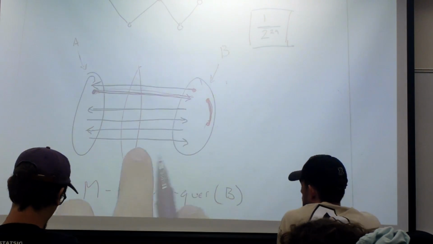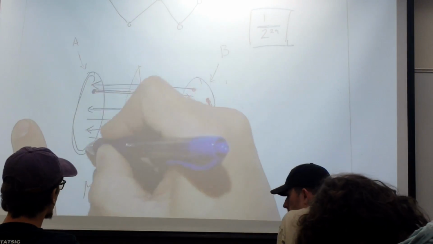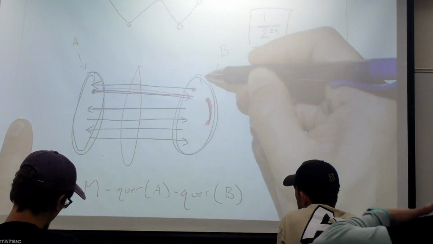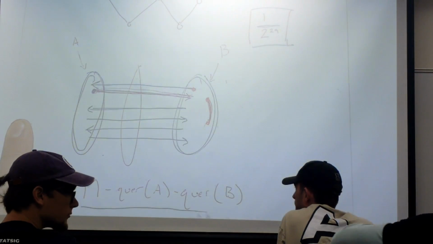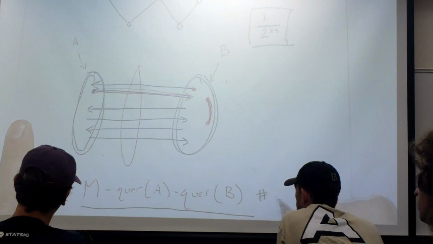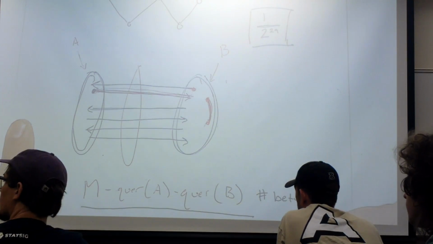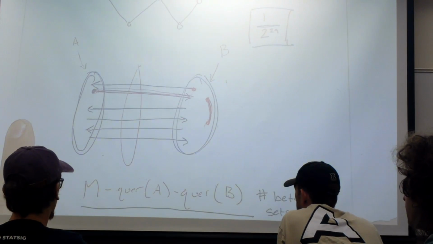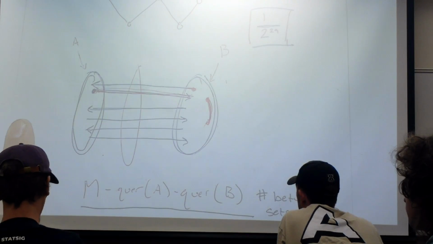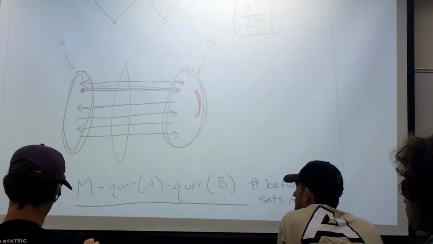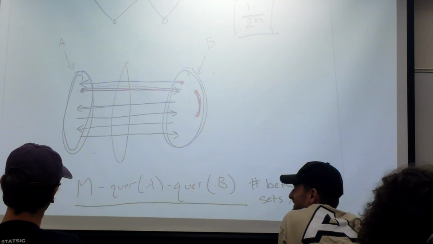So we're going to split into two groups A and B, query set A, query set B, and then take the difference to be the number of edges between sets A and B. And then, just for fun, you have one query left, so do with it what you might. Yeah, we have one query left. Sure, exactly.